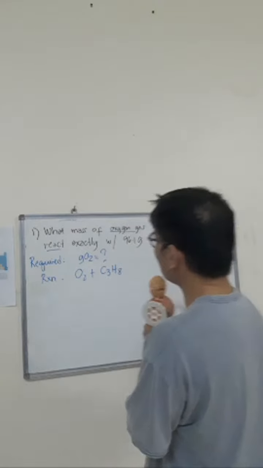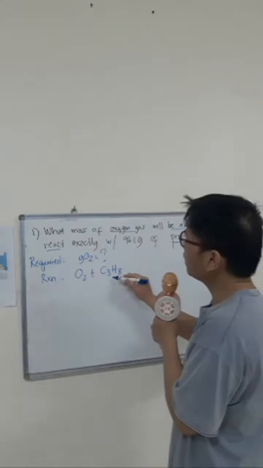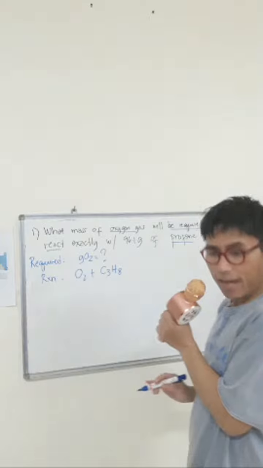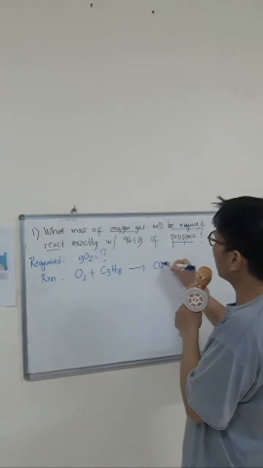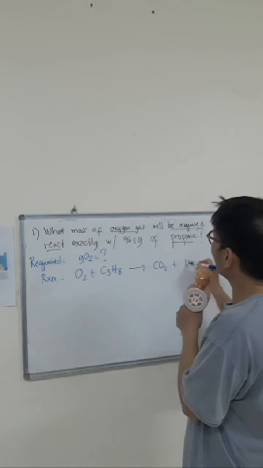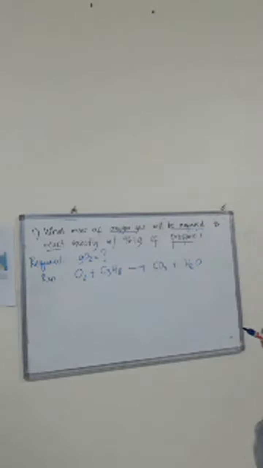And this is a combustion reaction. This is the propane and this is the oxygen gas, mga palangga. So it will become carbon dioxide plus water, and then balance the chemical reaction. It is a combustion chemical reaction, right?